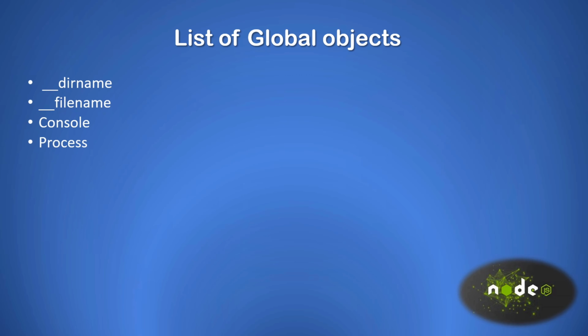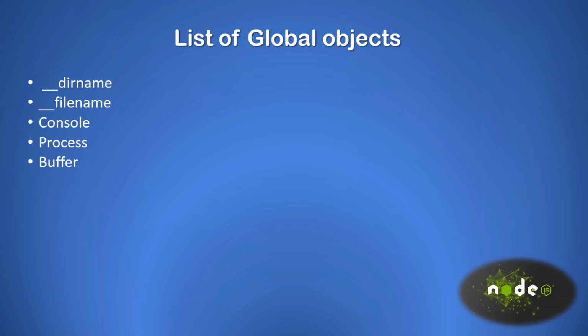Next one is process, which is again a global object that can be accessed anywhere, and there are several methods available in the process object, which I'll be explaining in the next live coding section. Next one is buffer.